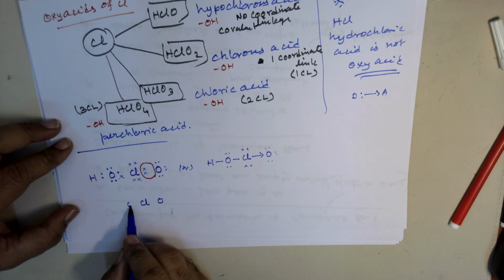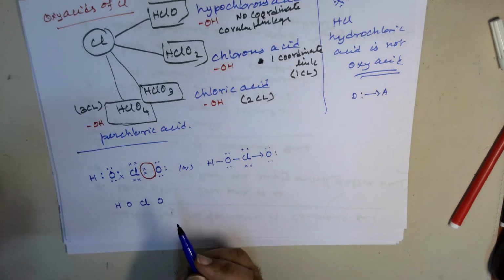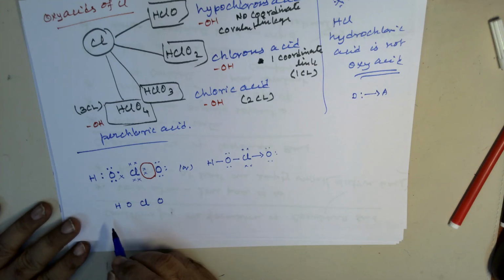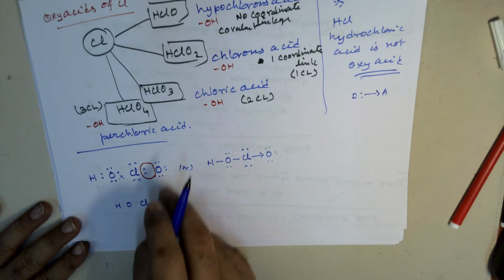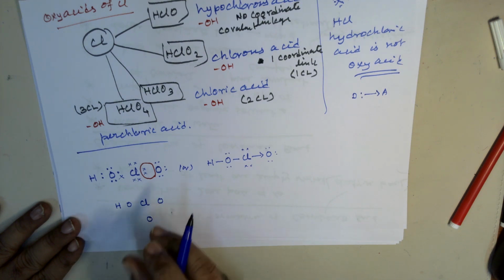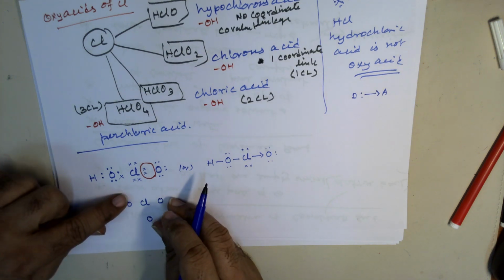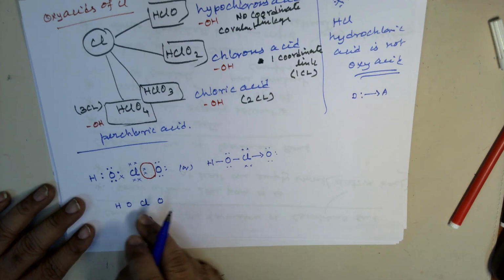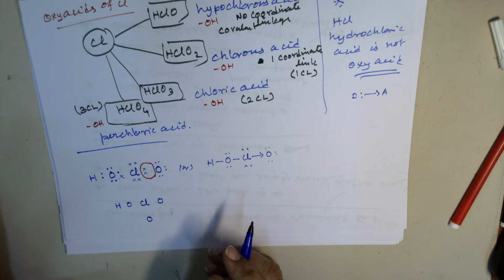So take one oxygen and one hydrogen. And we need to put one more O because it's HClO3. So let us put O here. You know very well there is one OH attached to chlorine. The remaining two oxygens are attached to chlorine, right?